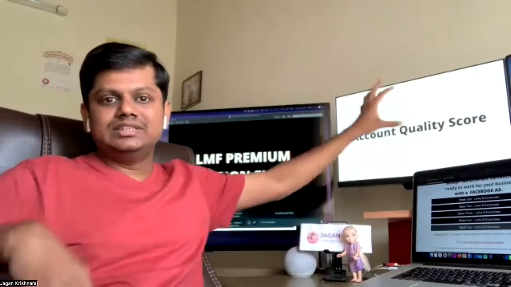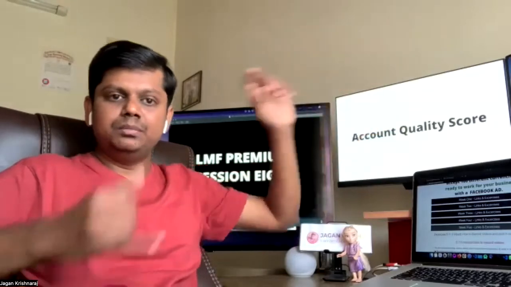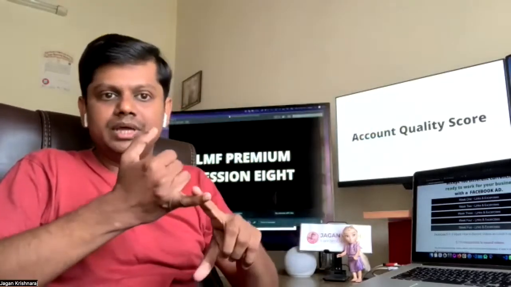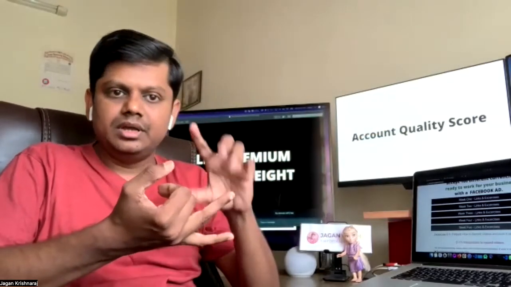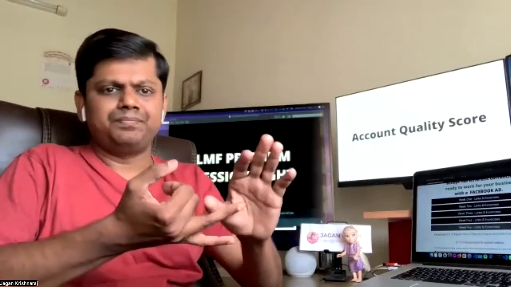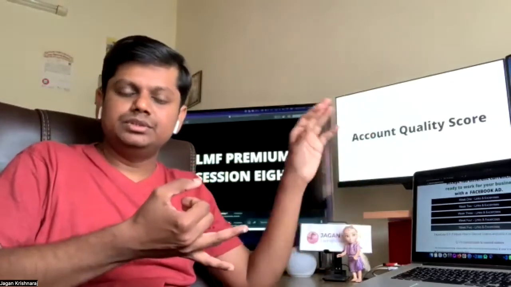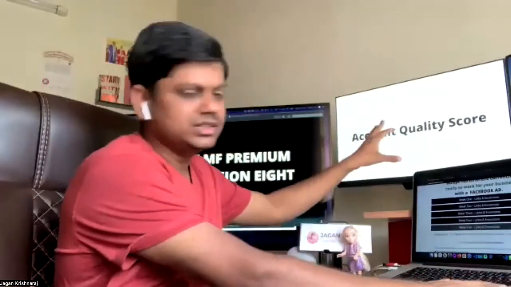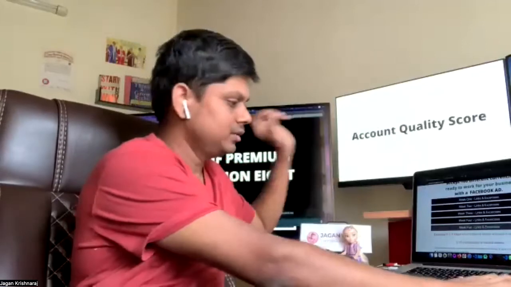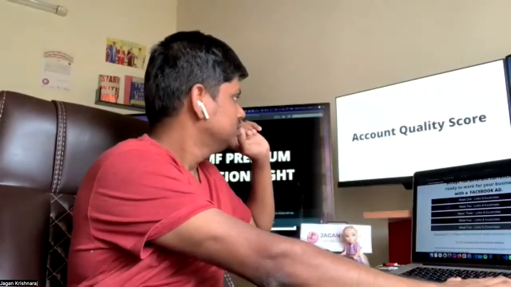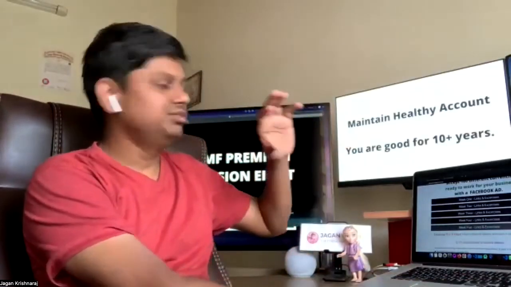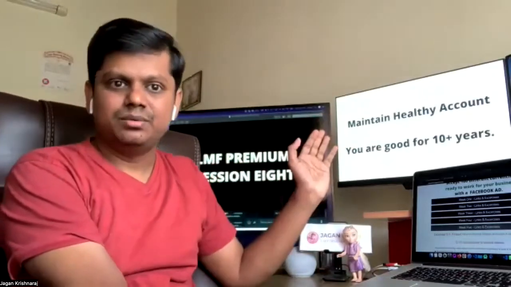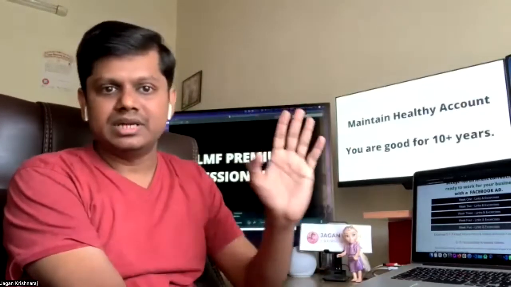So how can you get this quality score? You will get it by posting good ads and by keeping your account in a good security standard. So understand this quality score and research about it online. If you maintain all this that I said now, your account is good to go for the next 10 years.